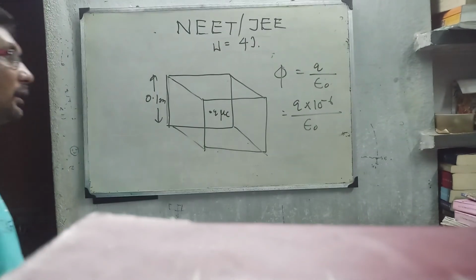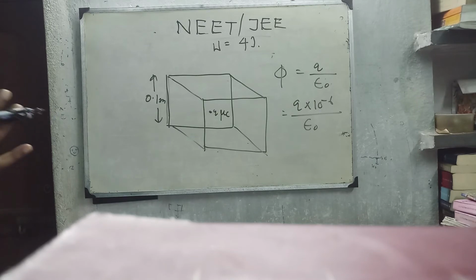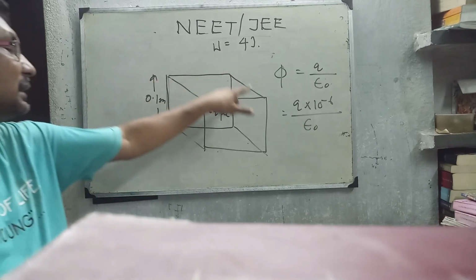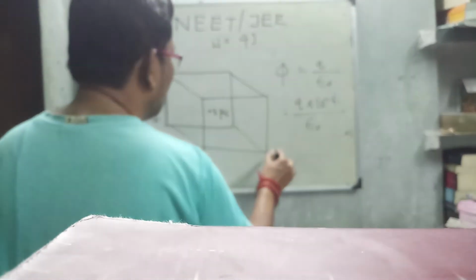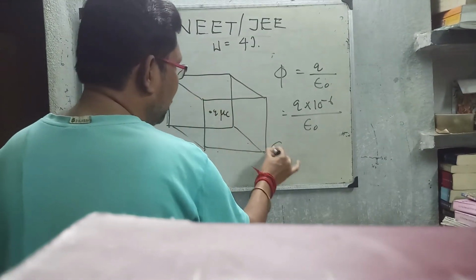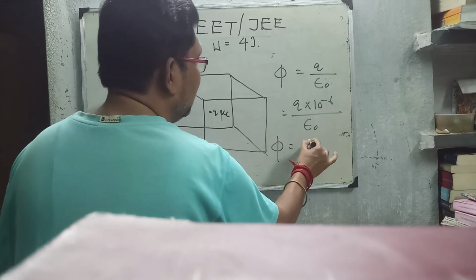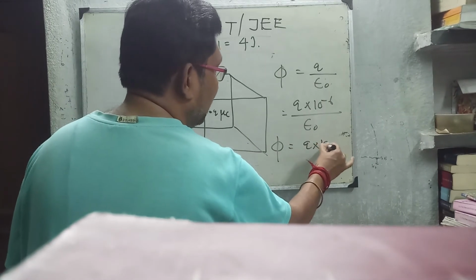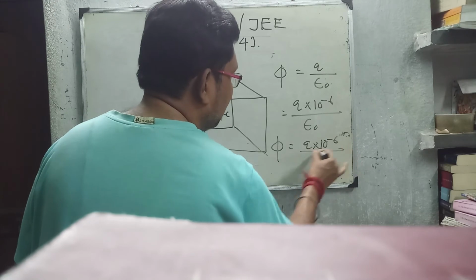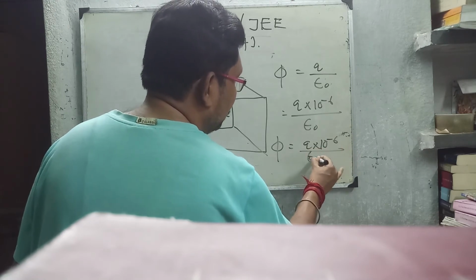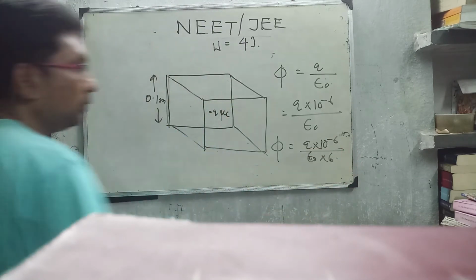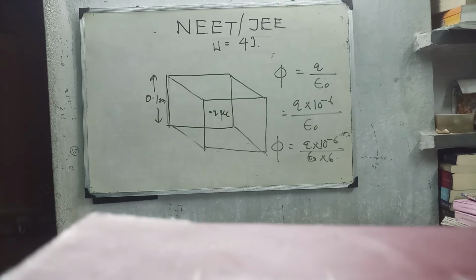This is the total flux diverging from the cube. There are 6 faces in the cube. So the flux from each face will be Q into 10 to the power minus 6 by epsilon 0 into 6.